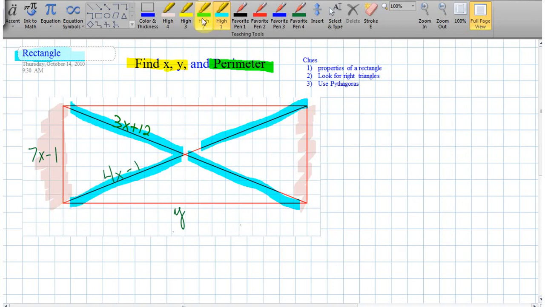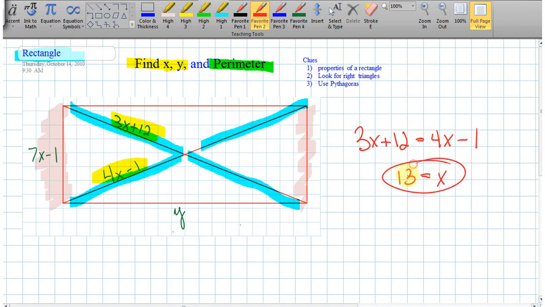This is really good news, because now we can see that 3x plus 12 is going to be equal to 4x minus 1. So when we set up our equation to solve for x, notice we're not using 7x minus 1. It's only going to be 3x plus 12 is equal to 4x minus 1. And hopefully when you solve for this, you get x equals lucky number 13.